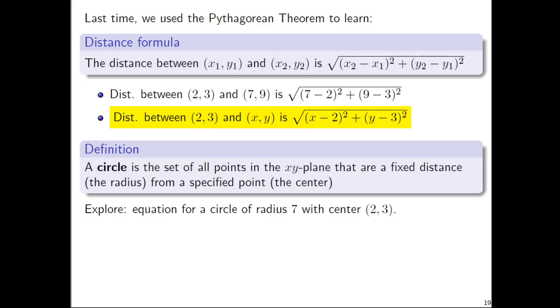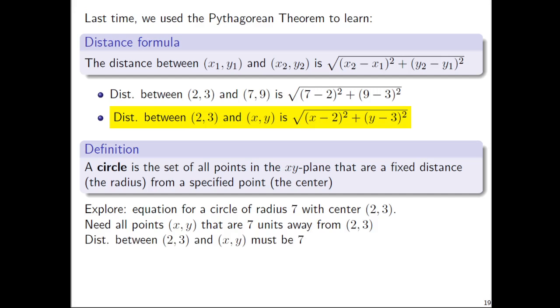So let's explore. Let's make an equation for a circle of radius 7 with center 2,3. We need all the points that are 7 units away from 2,3. You start at 2,3, that's one point in the plane, and if you were to attach a string of length 7 and trace all the points exactly 7 units away, we just want all points x,y whose distance from the point 2,3 is 7.